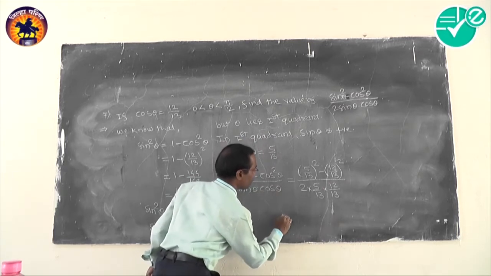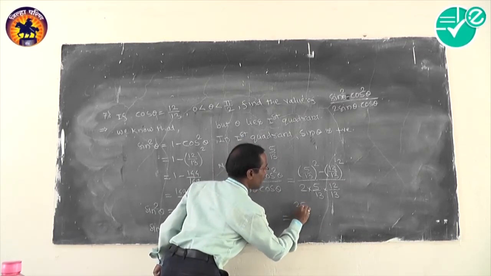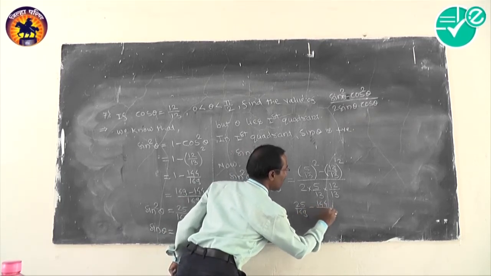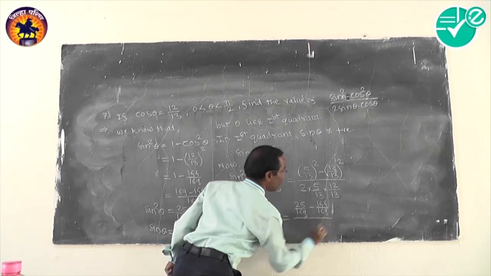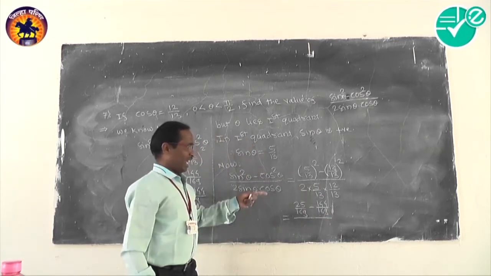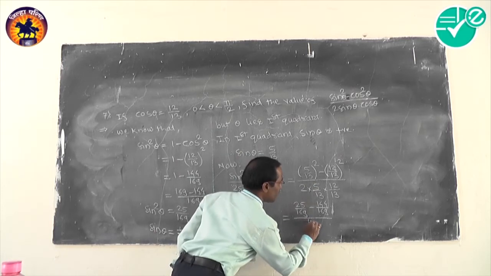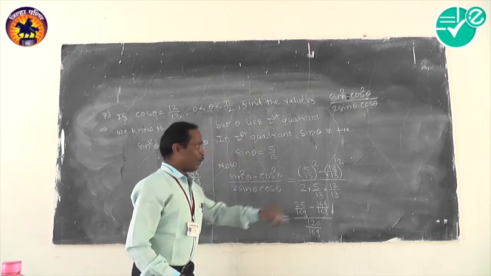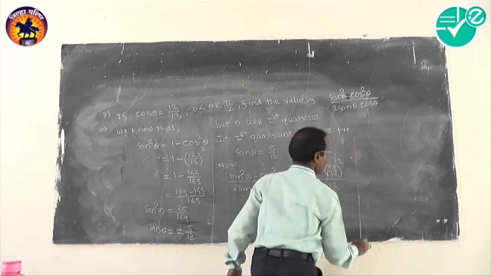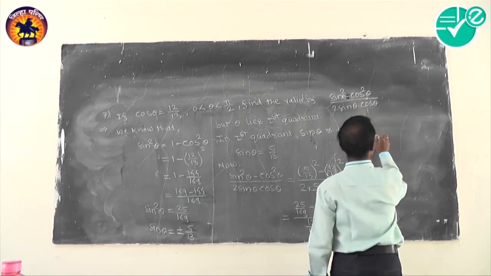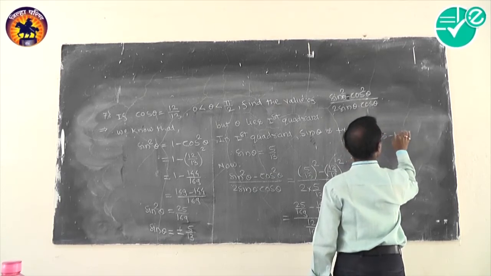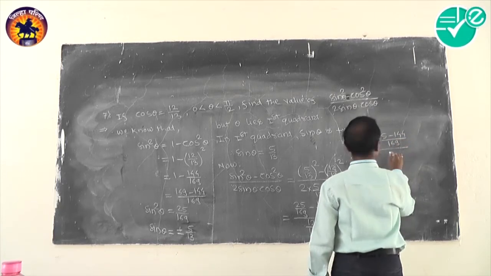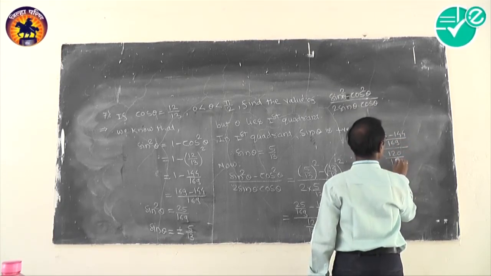So we get 25 upon 169 minus 144 upon 169 divided by 5 tens are 10, 12 tens are 120 divided by 13 13s are 169. Here the denominator is the same, so subtract the numerators. So we get 25 minus 144 upon 169 divided by 120 upon 169.